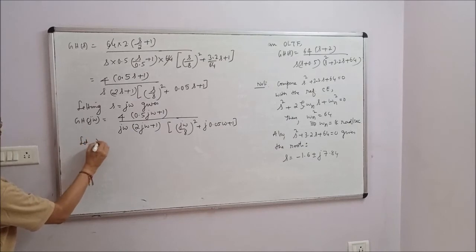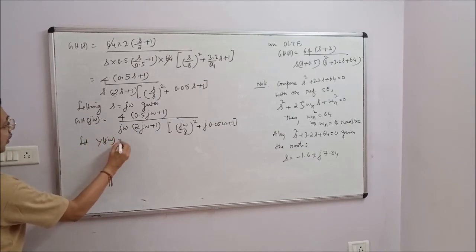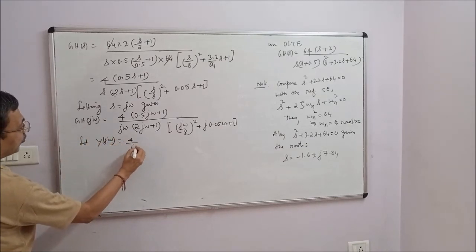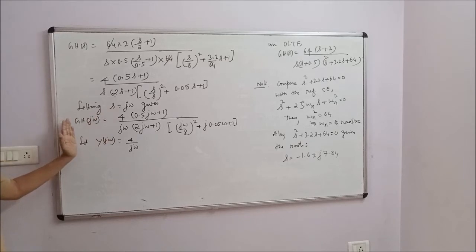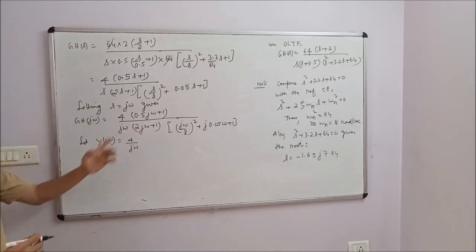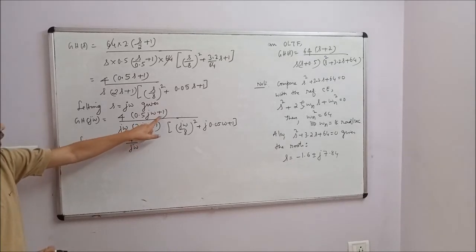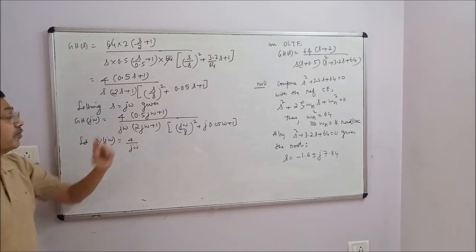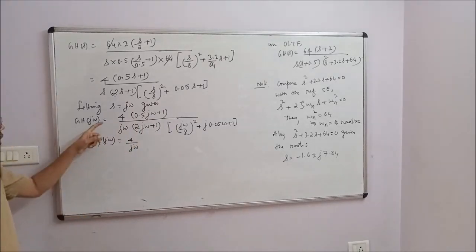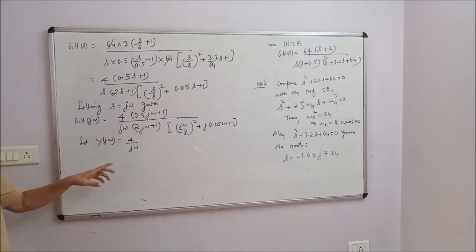Let y of j omega be equal to 4 by j omega. How did we get y of j omega equal to 4 by j omega? Correct. Take the right hand side of GH of j omega, remove 1 plus something factors, remove this factor, this factor, this factor, because they are all 1 plus something factors. So what remains is 4 by j omega.